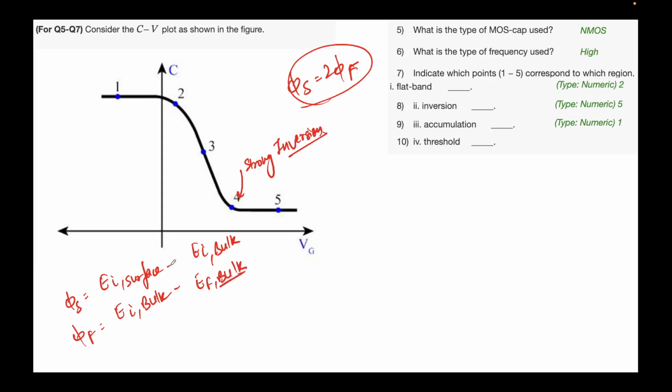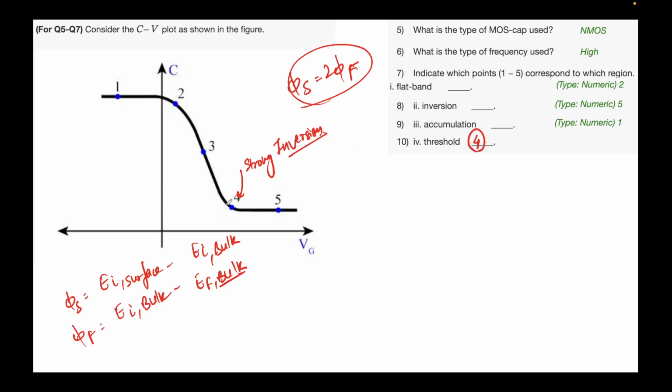There might be a change of sign here. I do not exactly recall the expression, but the magnitude I clearly recall. That's when we said strong inversion, closely linked to the threshold voltage principle. We are asked what is the threshold point. The threshold point is this point 4.